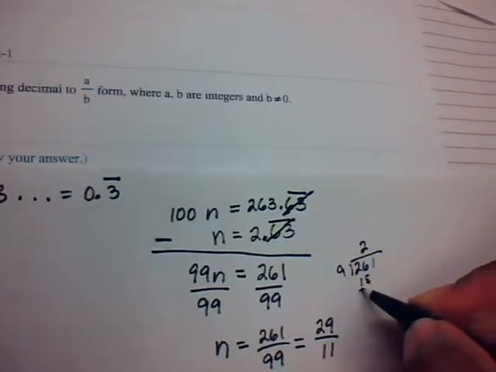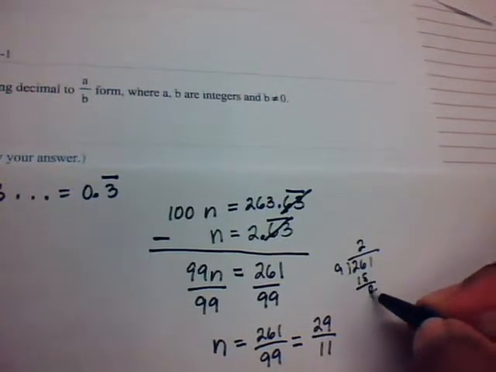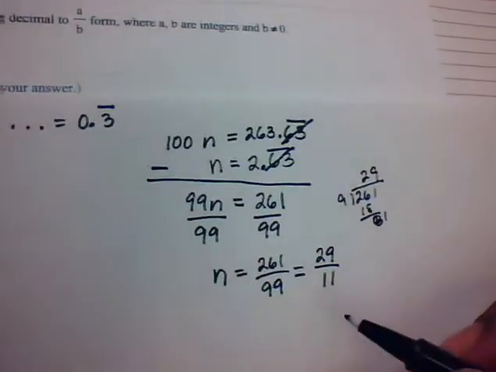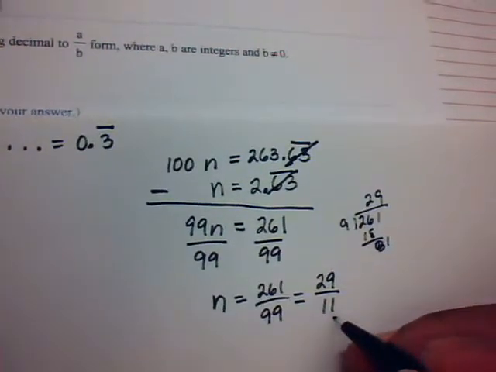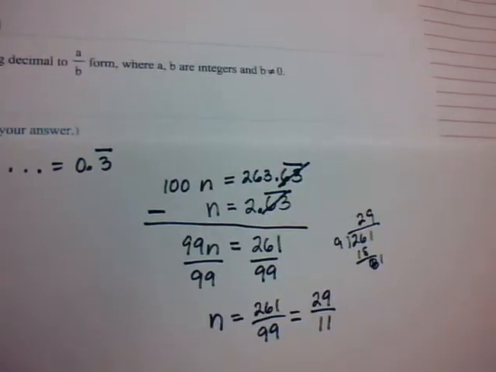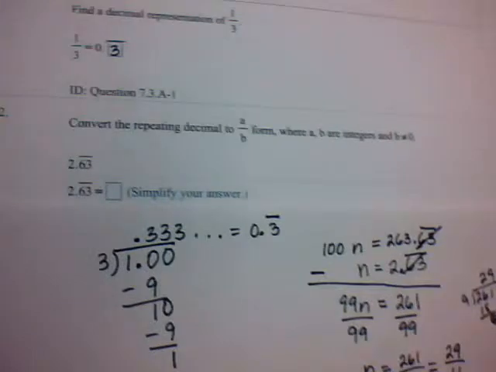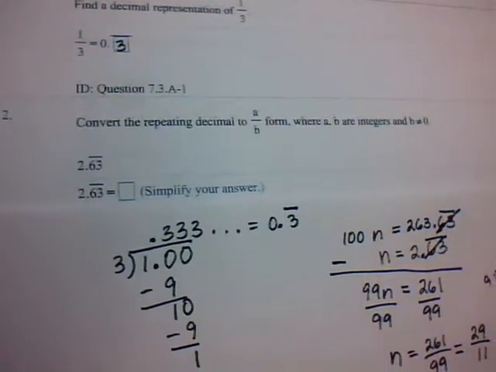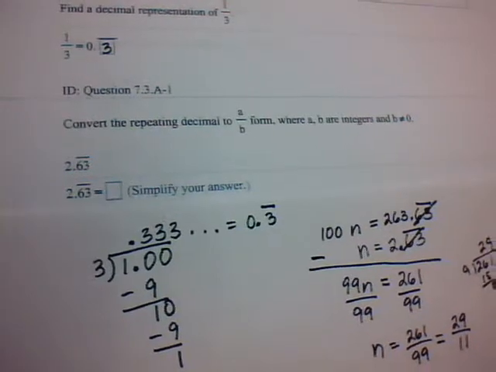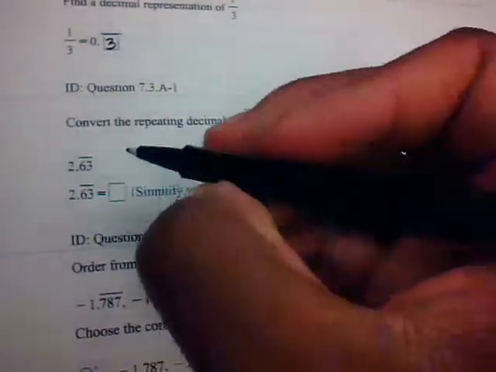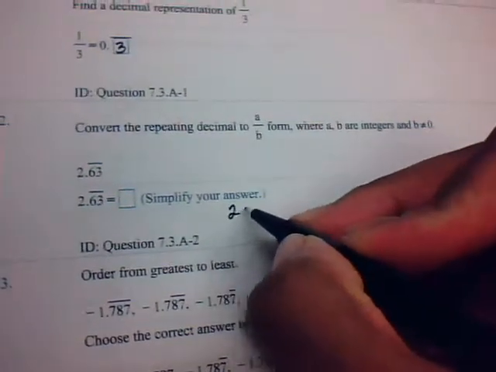That'd be 261 divided by 9, which is 29. Yep, 29 over 11. And we're going to leave this as an improper fraction because we want to write that in the form of a over b. So in this case here, 2.63 with the 63 repeating as an improper fraction in the form of a over b would be 29 over 11.